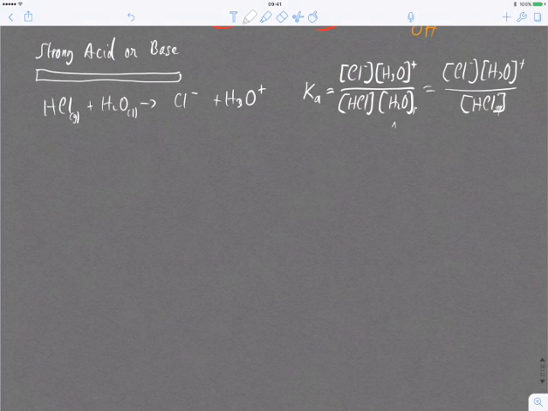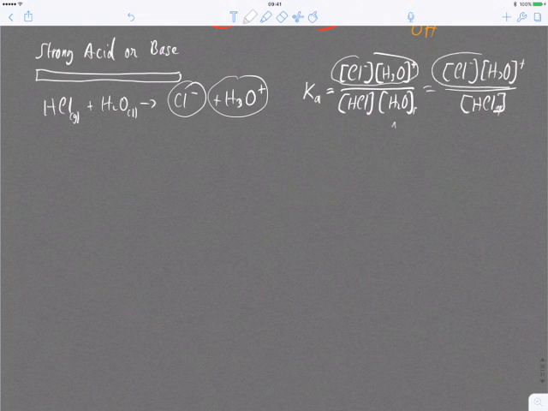So if it's a strong acid, that means it will completely dissociate under the form of hydronium and chlorine. That means that the Ka has to be very high, because this number here has to be high compared to that. That means the entire process will be transformed into a product.